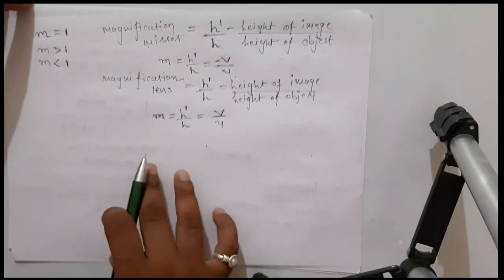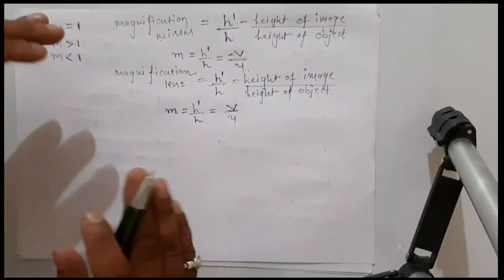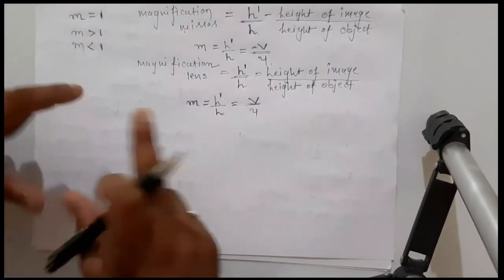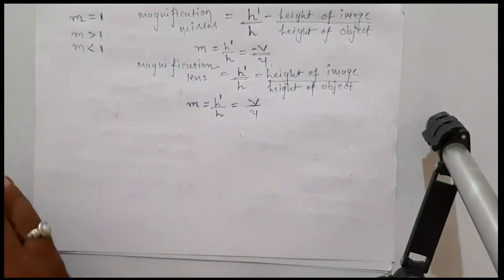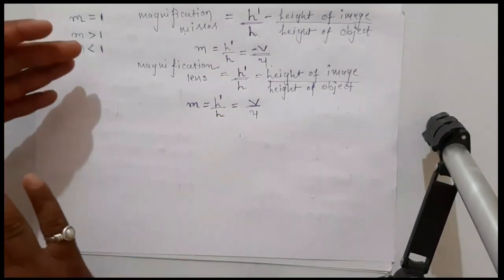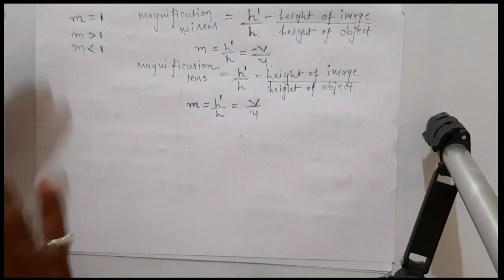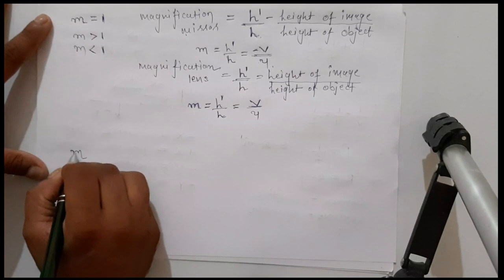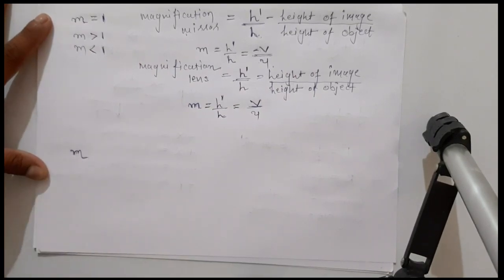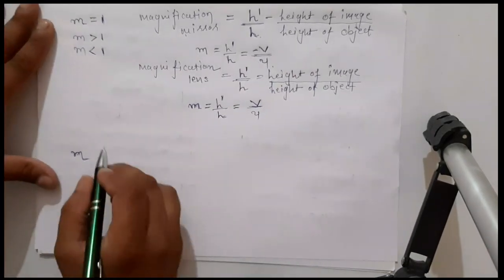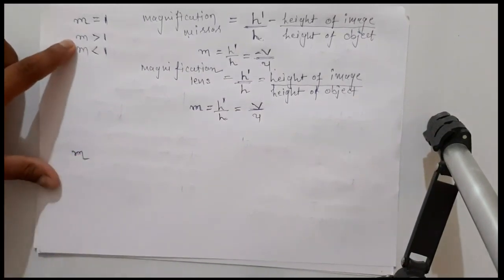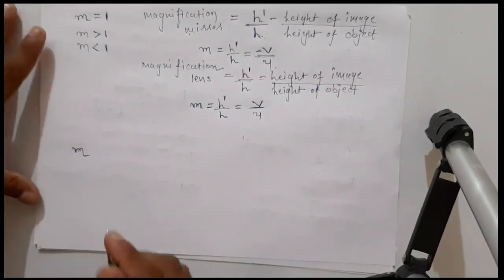So from this we can say how our image will be. Just focus here. We can prepare one table, and according to that table we can know which type of image we will have. Suppose m can be equal to 1, greater than 1, or less than 1.